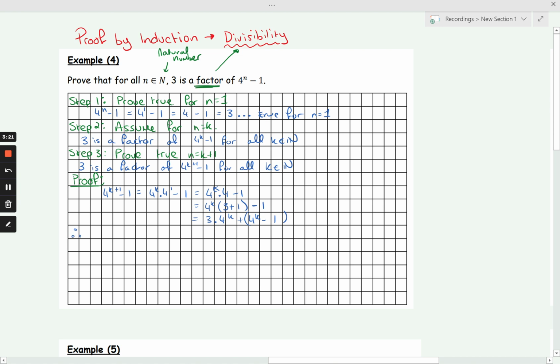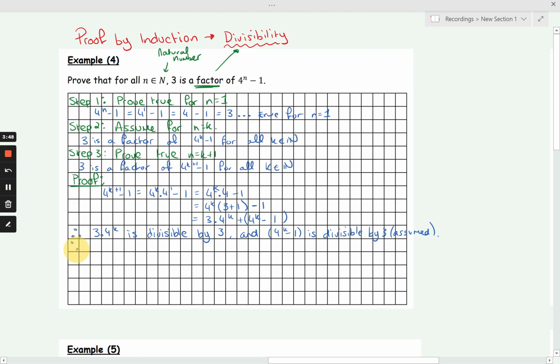So now I can say, therefore, 3 times 4 to the power of k is divisible by 3, because anything that's multiplied by 3 is divisible by 3, and 4 to the power of k minus 1 is divisible by 3, and to give our reason why, we know that we assumed this in our assumption, so I'm just going to put assumed in brackets.